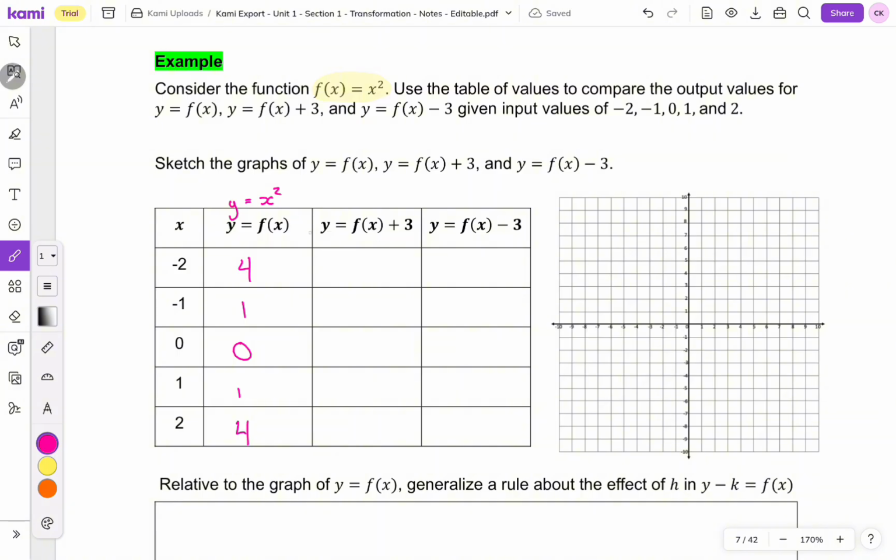This says take my function, my output, and add 3 to it. So all you're going to do is take this and add 3 to it. So that's going to give me 7. Take this, add 3 to it. So that's going to give me 4, 3, 4, 7. So if we graph our parent function, you get really good at graphing these after a while.